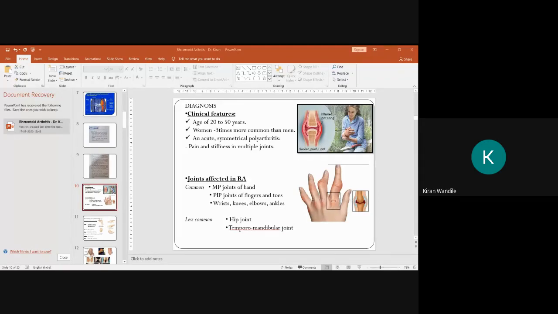That is fibrous joints, cartilaginous joints, and synovial joints. So most of the joints in the body are of the synovial variety. While the fibrous joints, can we give one example of a fibrous joint?